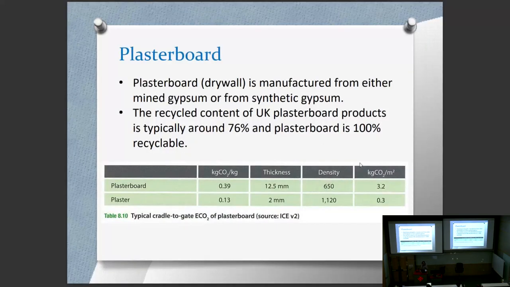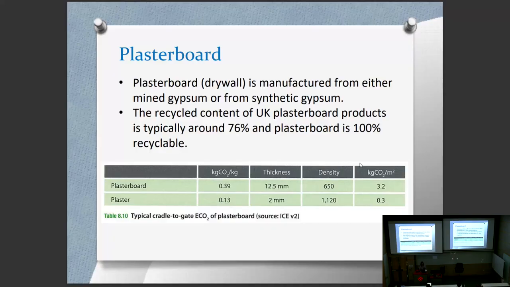Okay, next is plasterboard. So plasterboard would be the gypsum board, the drywall, and they are manufactured from either mined gypsum or from synthetic gypsum, so artificial gypsum. And the recycled content of the UK plasterboard products is typically around 76%, and plasterboard is around 100% recyclable.